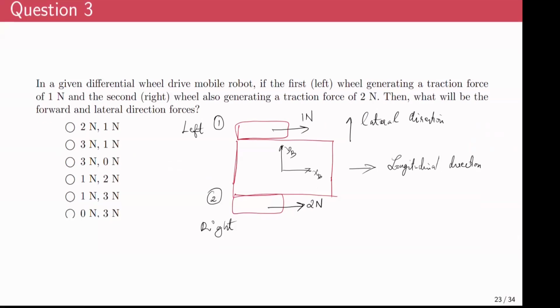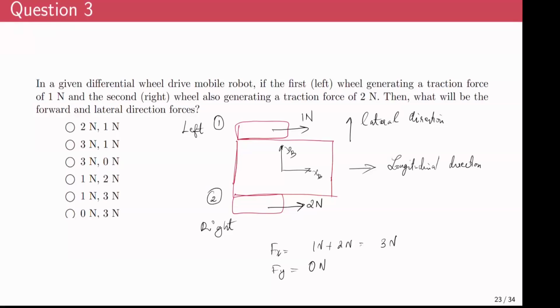So Fx is nothing but, you simply take the force balance. Fx is nothing but 1 Newton plus 2 Newton, that is nothing but 3 Newton. And Fy is essentially 0, right? Because we only have forces along this direction. And we always know that conventional wheels have infinite resistance along the lateral direction. So Fy is 0. So that makes our answer to be 3 Newton and 0 Newton.